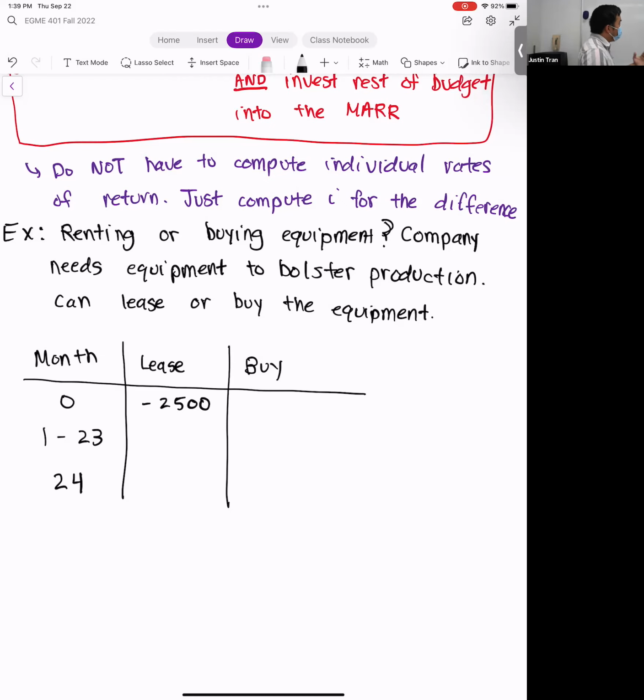Then in each of the months 1 through 23, we're going to pay an additional $2,500 to use that equipment for that month. So we have the $2,500 cost for basically 24 months straight, counting the 0th month. But in the 24th month, we're not going to pay anything because we prepaid for that month upfront.